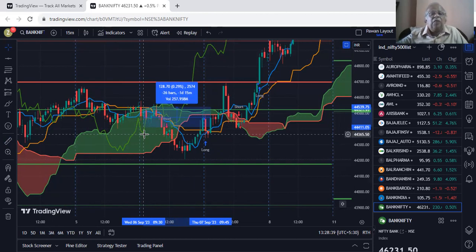So one should avoid, one should not enter into the trade here. You are just visualizing that Chikou span is below the price.